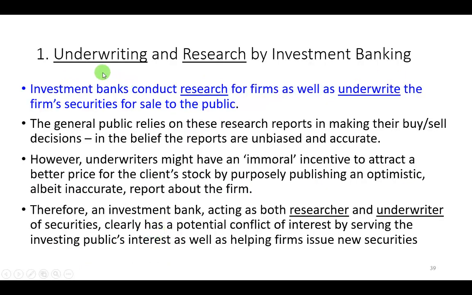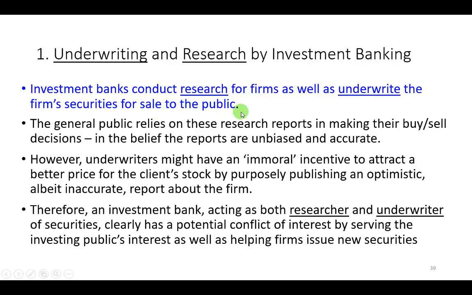In the case of the first, underwriting and research, would be where, for example, investment banks conduct research for firms. This is a paid service that they may provide firms with, as well as doing their traditional job of underwriting securities for those firms, basically selling those securities to the public.